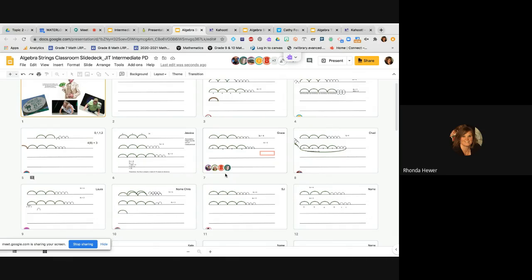So show me, and maybe Michelle, if you don't mind just typing that in the chat, show me 4 jumps and 3 steps is the same as 27 steps. While you're setting this up, basically what you've given them is 4x plus 3 equals 27. And in showing you that these 2 things are equivalent, they're going to figure out what x has to be if 4x plus 3 equals 27.